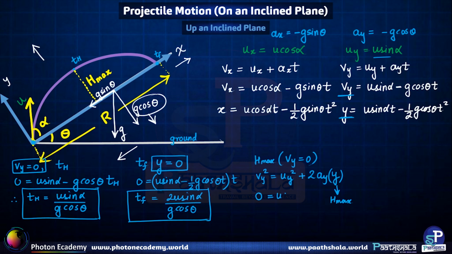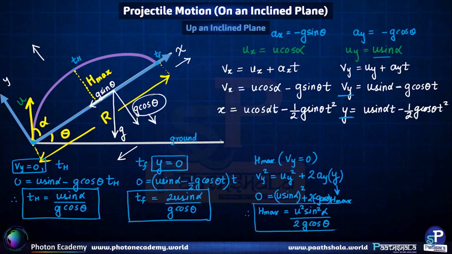So (u sin alpha) the whole square plus 2 into minus g cos theta into h max. Therefore, we get h max as equal to u square sin square alpha upon 2g cos theta. So this is the formula that can be noted by the students.